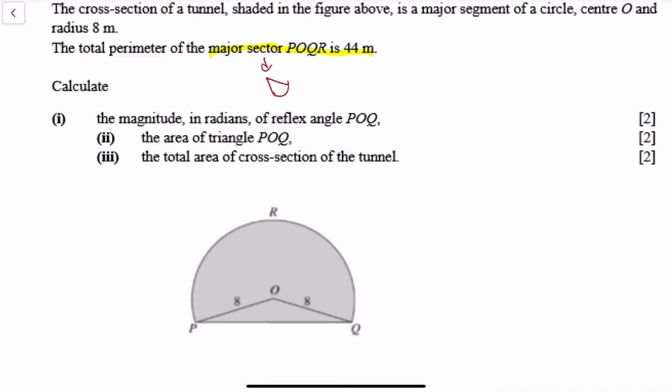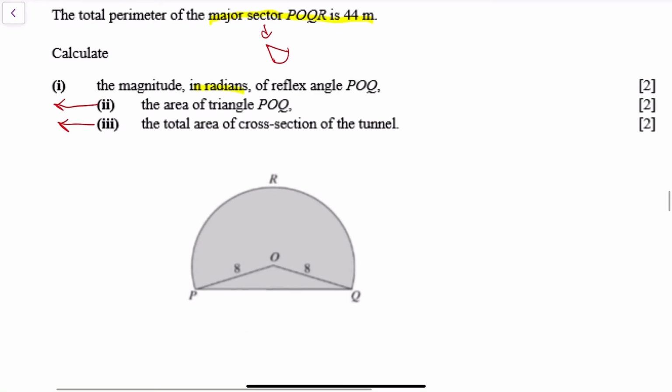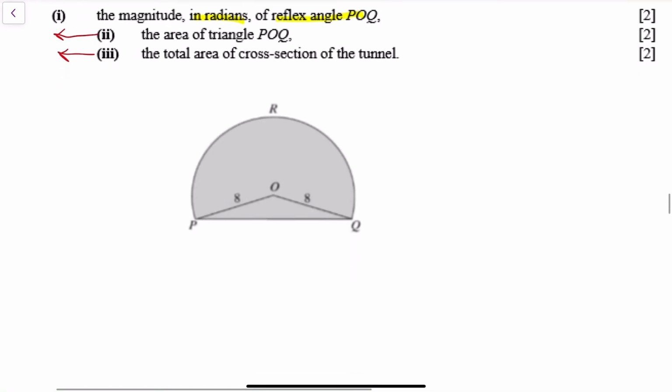So part 1, they want you to find in radian mode what is the reflex angle of POQ. In order to find this, we will first have to use the perimeter that is given to us.